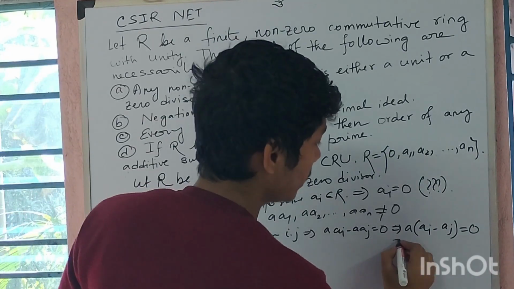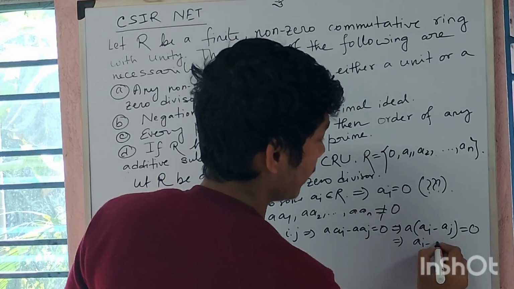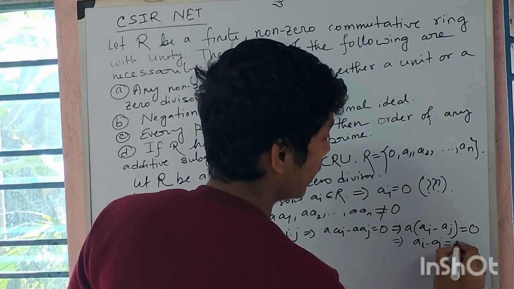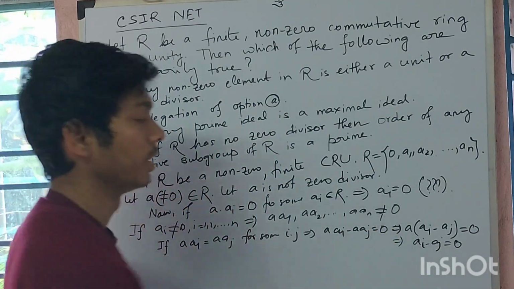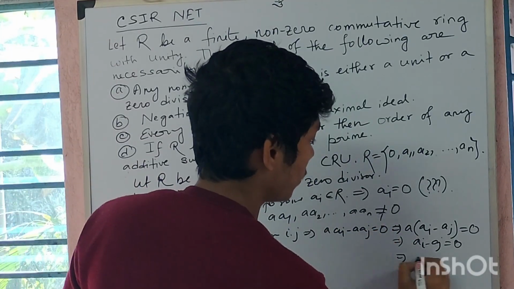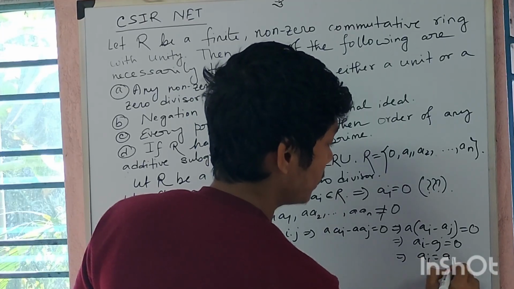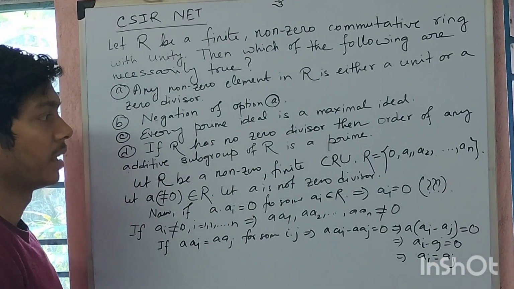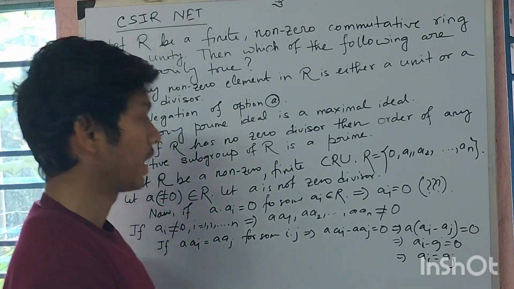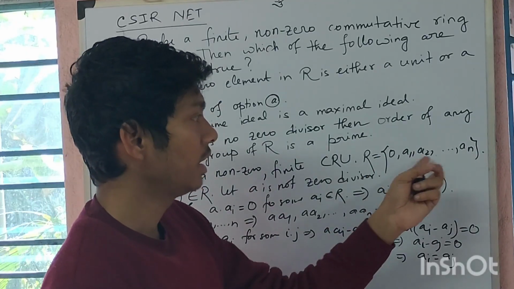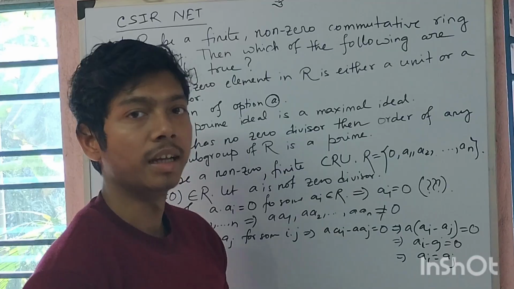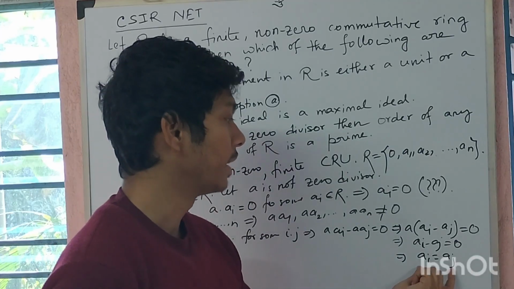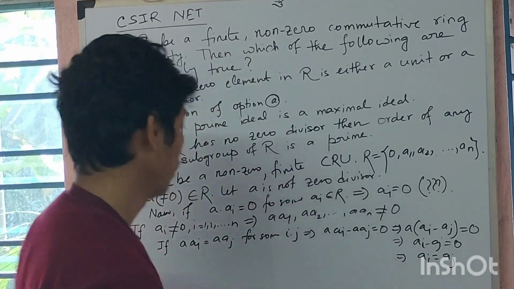And from this, again, ai minus aj equals 0. What is the reason? Because a is not a zero divisor. So it means ai equals aj. But I have taken that these a1, a2, a3 are distinct elements of R. So these two elements can't be equal.